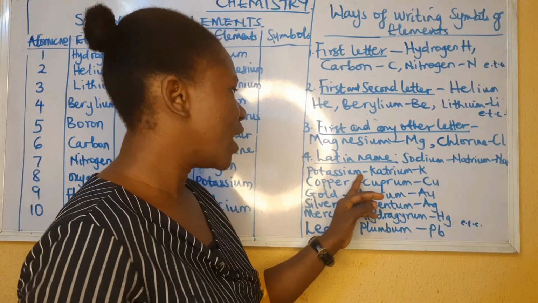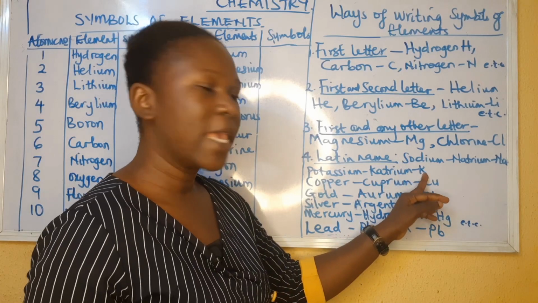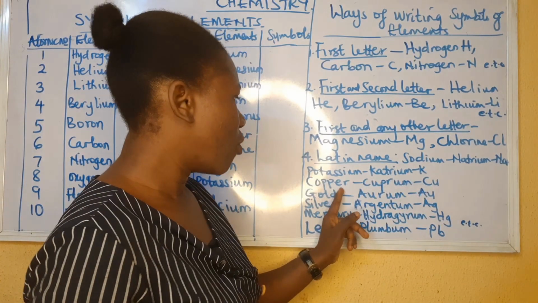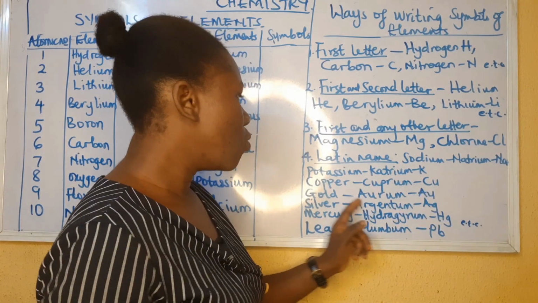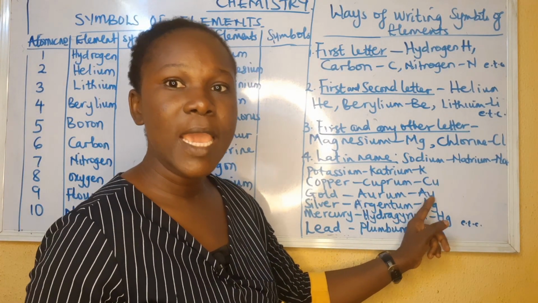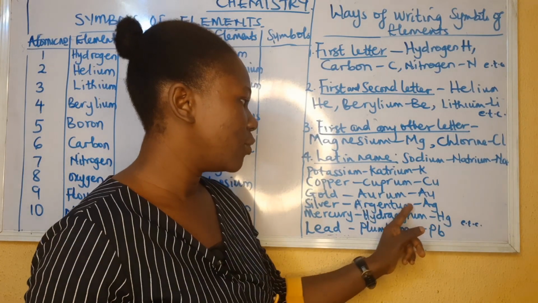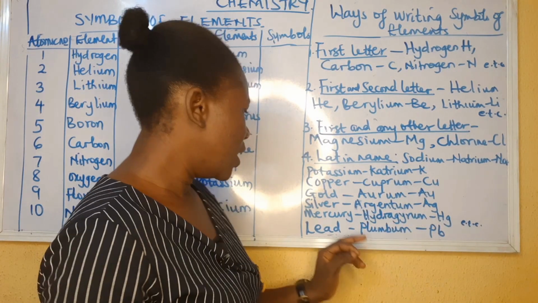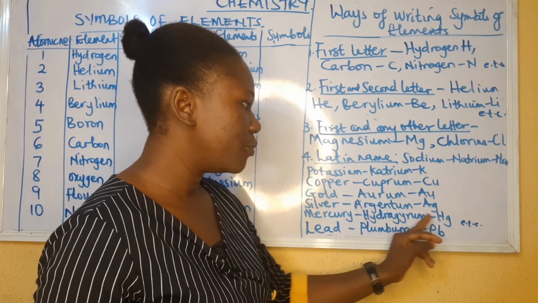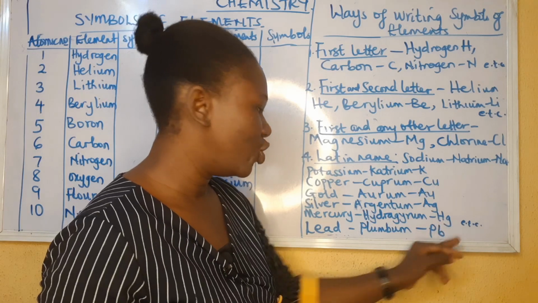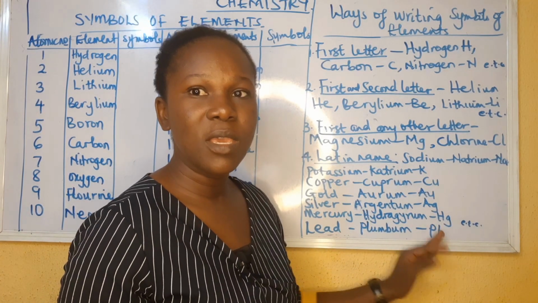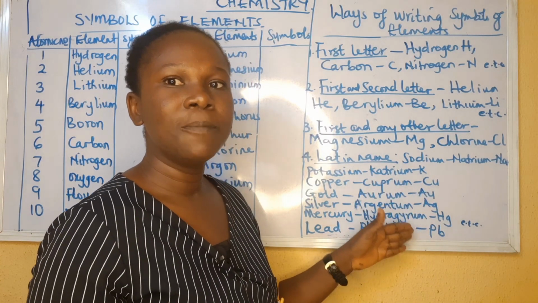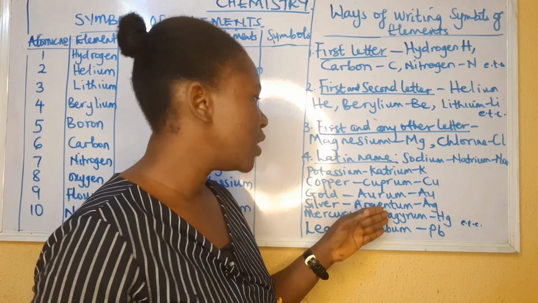So we also have potassium, kalium, and it is represented as K. We have copper as cuprum, represented as Cu. Then gold, aurum, represented as Au. We have silver, argentum, represented as Ag. Then we have mercury, hydrargyrum, represented as Hg. Then we have lead, plumbum, represented as Pb. These are examples of elements whose symbols are derived from their Latin name.